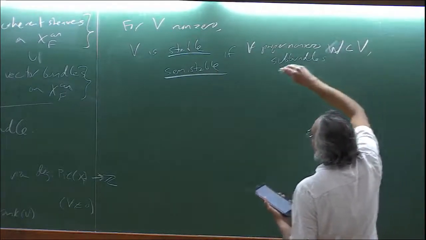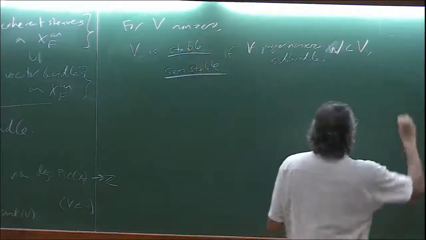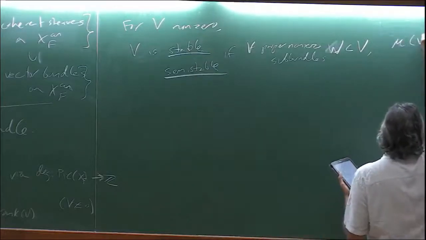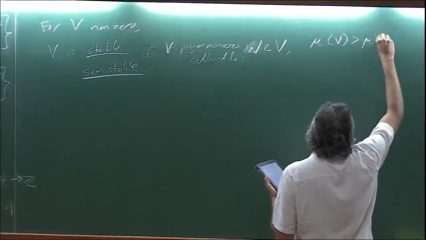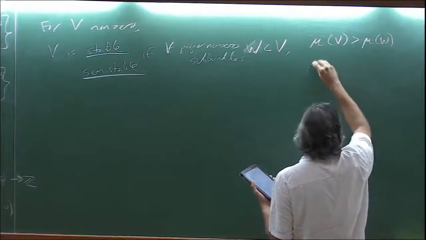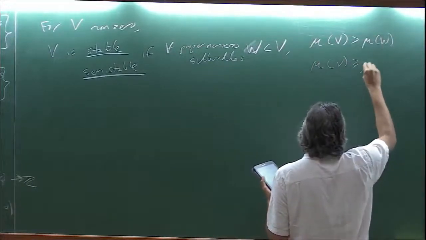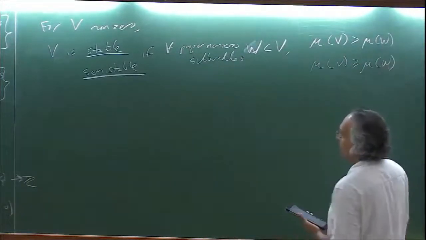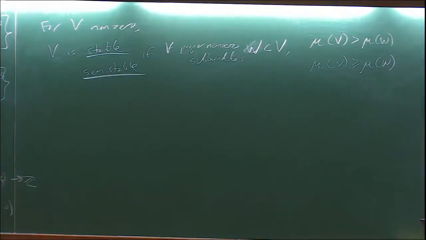So stable is going to be characterized by the property that the slope of V is strictly bigger than any of these subbundles, and semi-stable is the boundary case being allowed. So for example, the sum of two stable things is not going to be stable, but it has a chance to be semi-stable, and in fact it is.